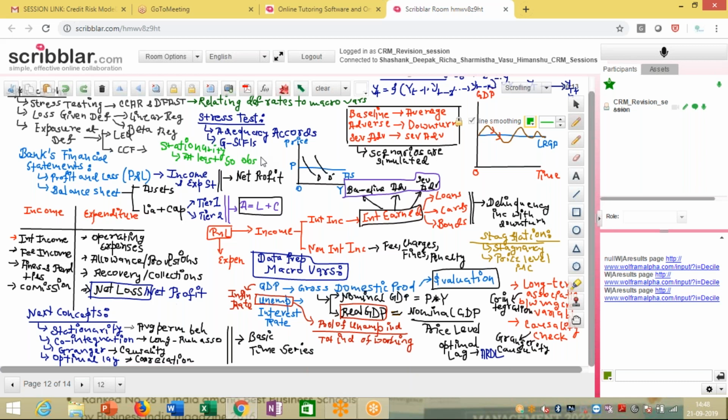Otherwise, the results that you get would not be reliable. There is another measure which becomes very important, because when you develop multiple models and you want to select the best model from a set of models, that is where a concept like AIC, the Akaike information criterion, comes into play.